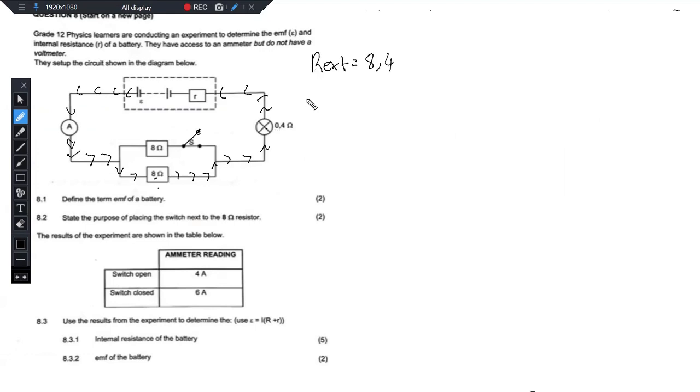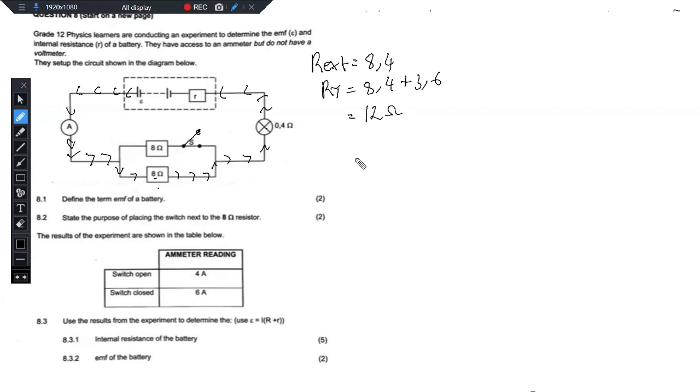So from that, we can observe that obviously there is an increase in the R external, or you can say there's an increase in the R total, because if you now say 8.4 plus the 3.6 that we found, then obviously there is that increase. So 8.4 plus 3.6, that's now 12 ohms.